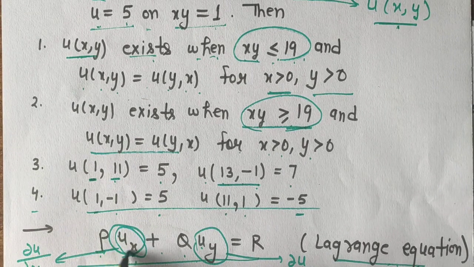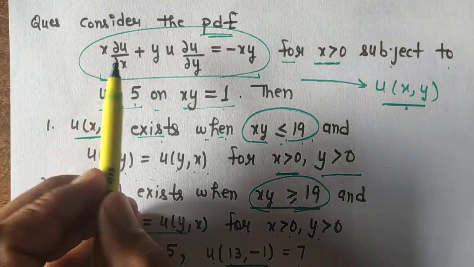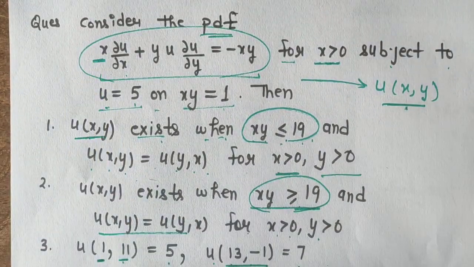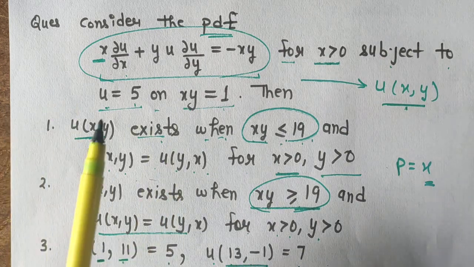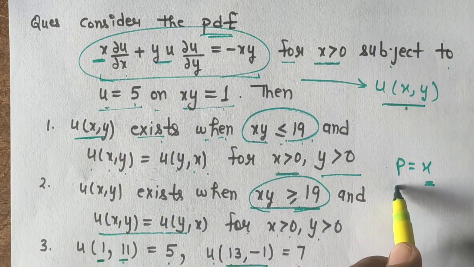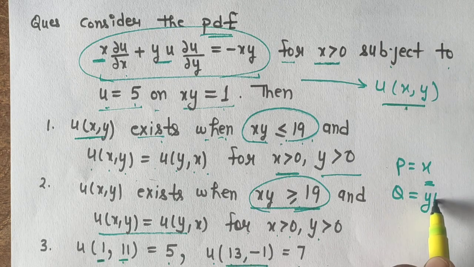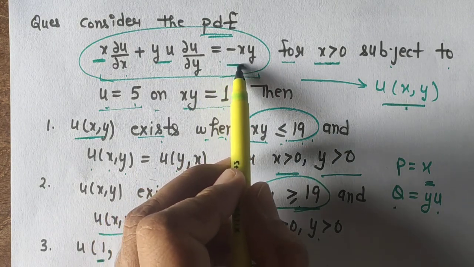The coefficient of ∂u/∂x is p, and the coefficient of ∂u/∂x here is x. That means the value of p is x, and the coefficient of ∂u/∂y is q, that means yu is the value of q, and on the right hand side this is the value of r.